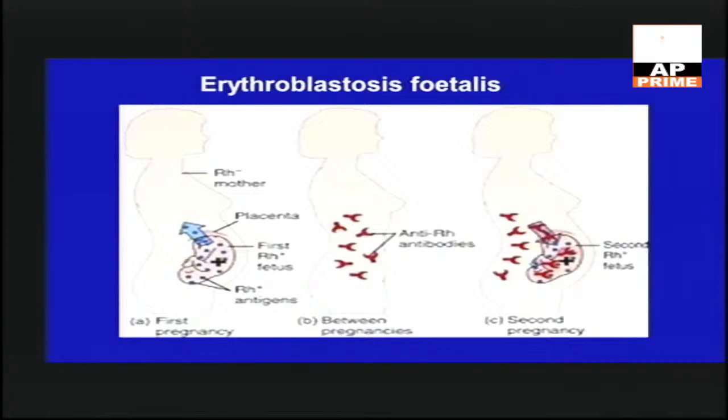But later on, in the second delivery or subsequent deliveries where the mother carries an Rh positive fetus or baby, as the anti-Rh antibodies are already there in maternal circulation, they will attack the Rh antigens of the fetus, leading to hemolytic anemia and resulting in miscarriages, that is abortions.